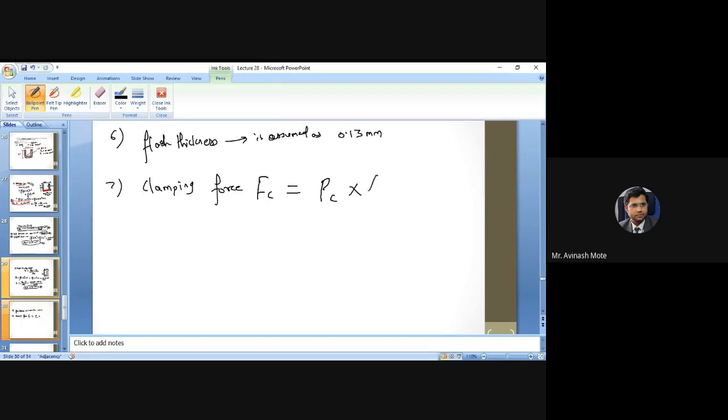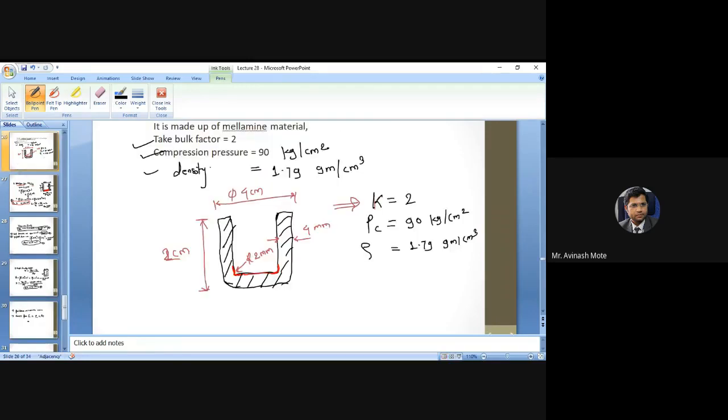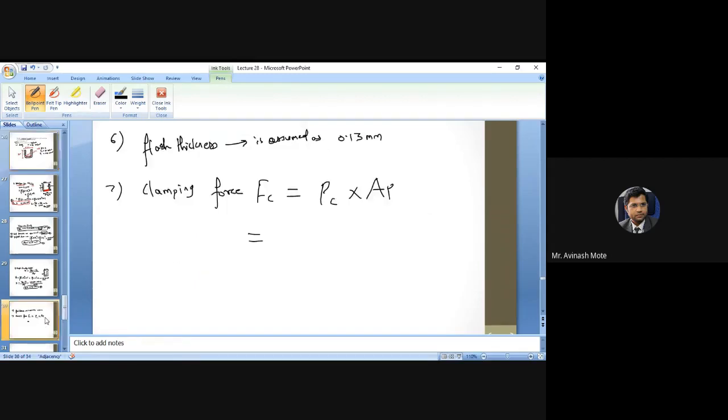Compression pressure into projected area. Compression pressure into projected area, that will give you exactly the clamping force. Okay, so what is the compression pressure? Let's take out the problem. 90 kg per centimeter square. It is 90 kg per centimeter square.